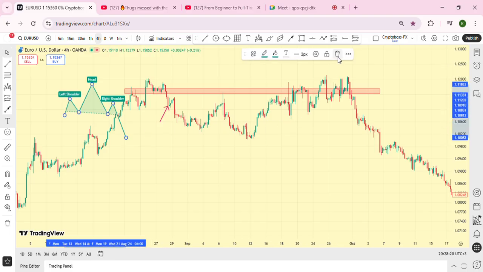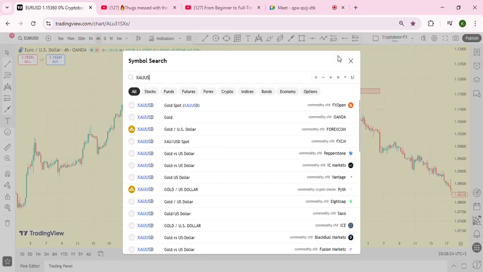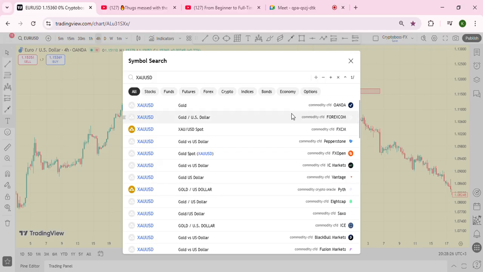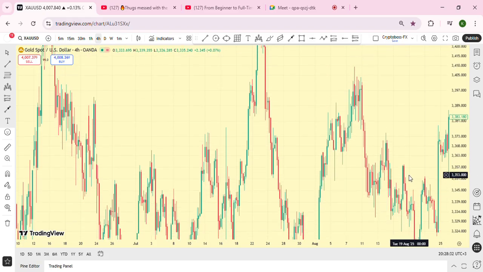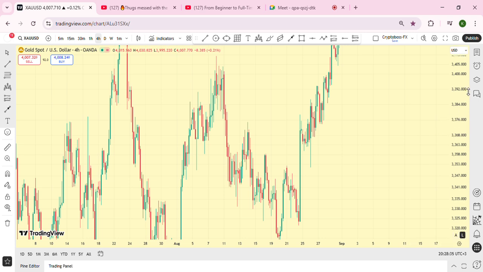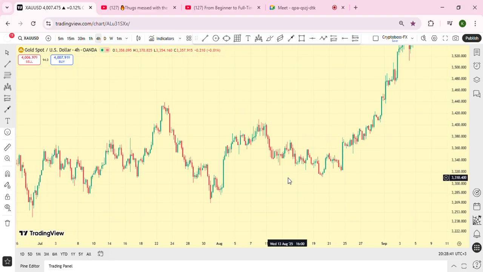We are now done with the chart patterns, and mostly, those two patterns form on gold. Gold really likes those patterns, and once they form, the market will move some good pips.